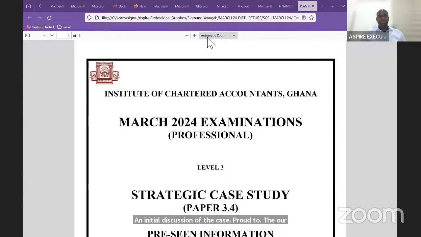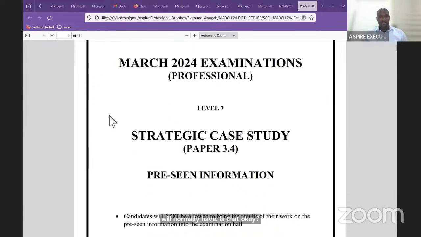So that is what we seek to do in this session: have an overview of this case prior to the session we will normally have. Is that okay? So we are going to start immediately.